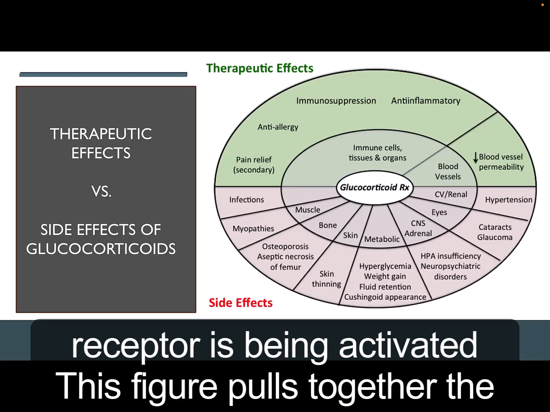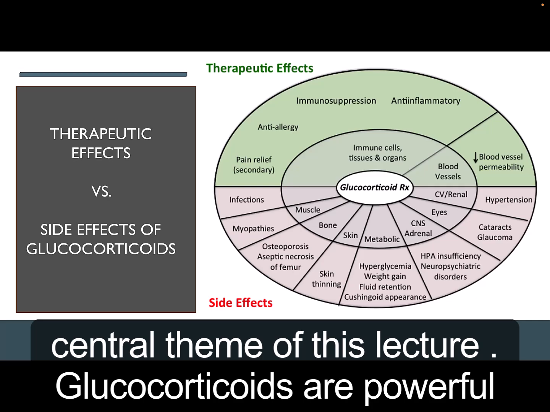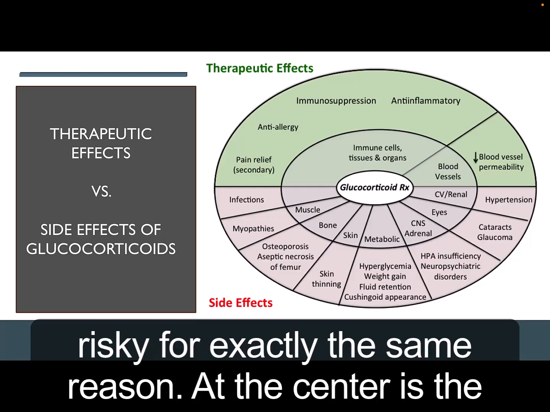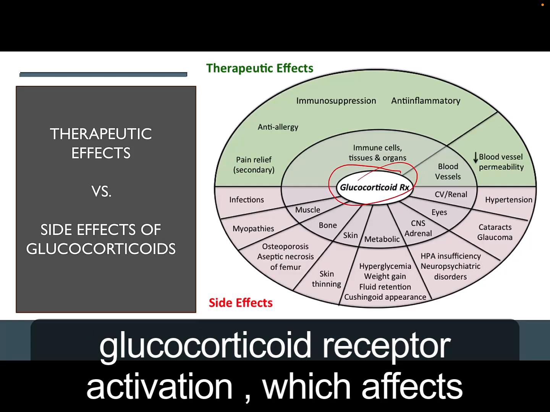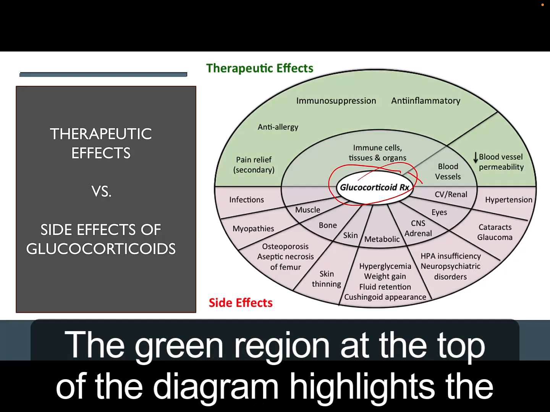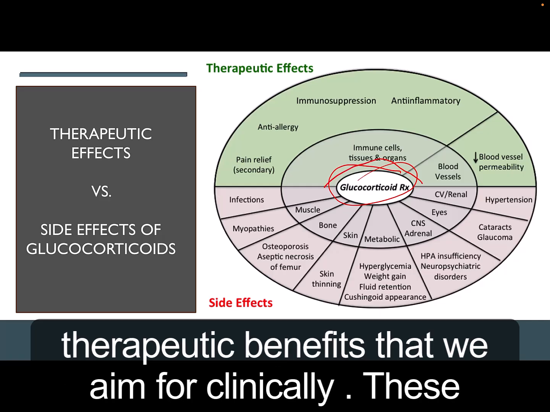This figure pulls together the central theme of this lecture. Glucocorticoids are powerful because they act everywhere, and they're risky for exactly the same reason. At the center is the glucocorticoid receptor activation, which affects immune cells, tissues, and organs throughout the body. The green region at the top of the diagram highlights the therapeutic benefits that we aim for clinically.